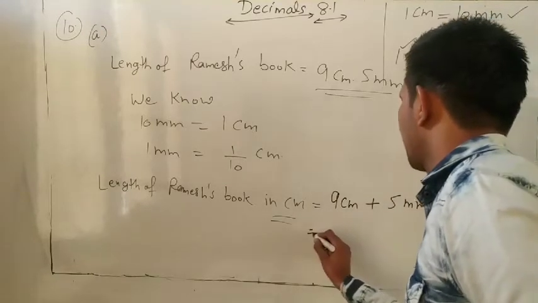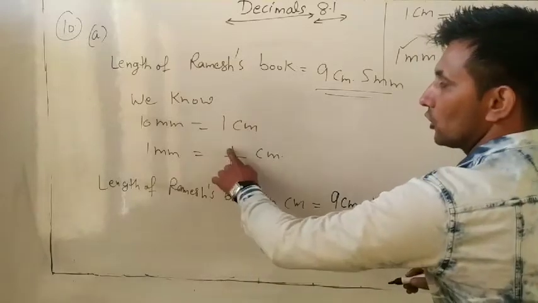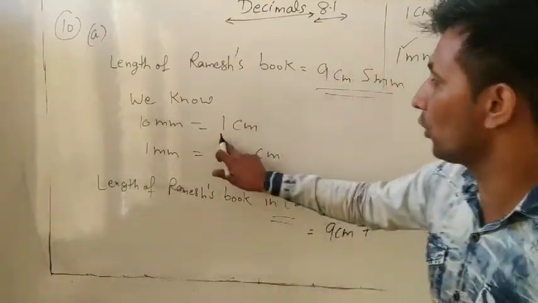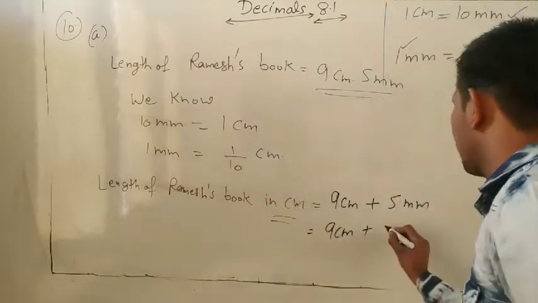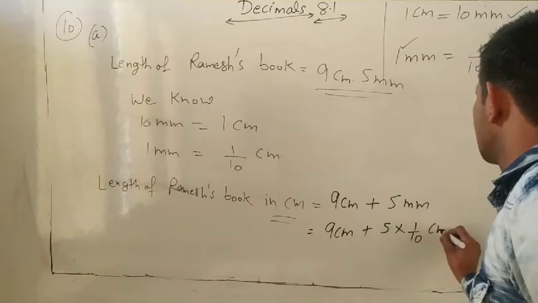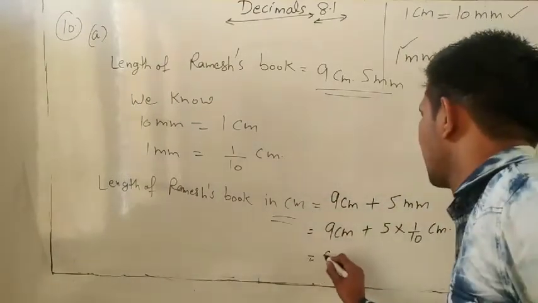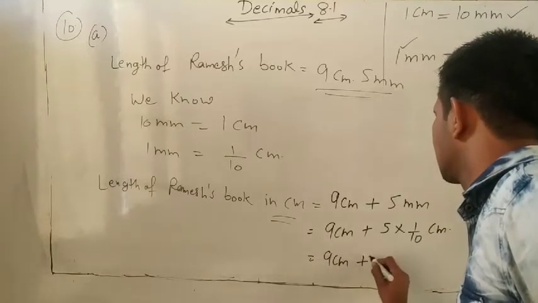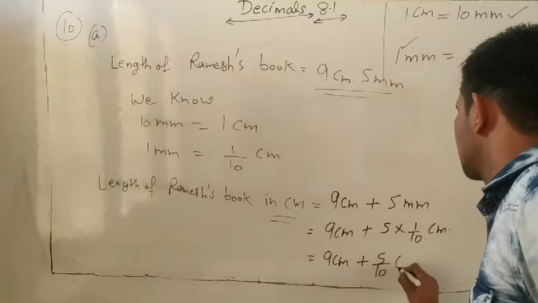We know 1 mm is equal to 1 by 10, 2 mm is 2 by 10, 3 mm is 3 into 1 by 10, which means 5 mm is 5 multiplied by 1 by 10 centimeter. So same as it is, 9 centimeter plus 5 by 10 centimeter.